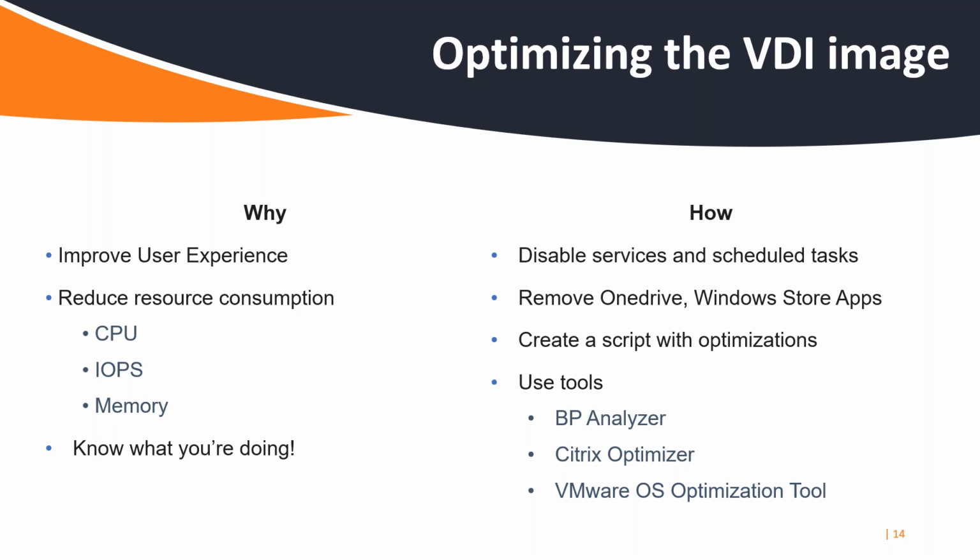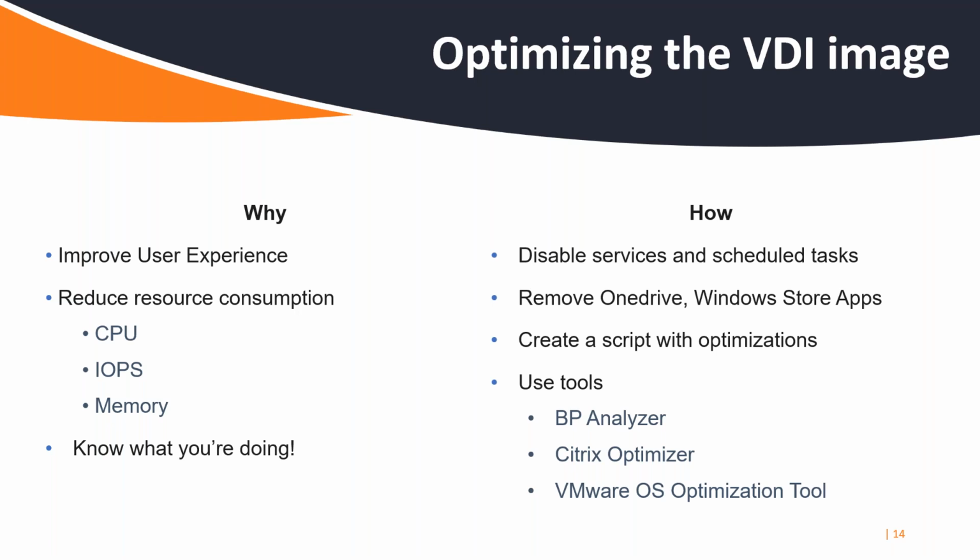Disable services and scheduled tasks. Remove OneDrive if you're not using it. Obviously, most of us would be looking at Citrix Files anyway. Remove Windows Store apps if you don't need them. Candy Crush, you know, I've yet to come across a valid business justification for Candy Crush. Create a script with your optimizations. There are frameworks out there.